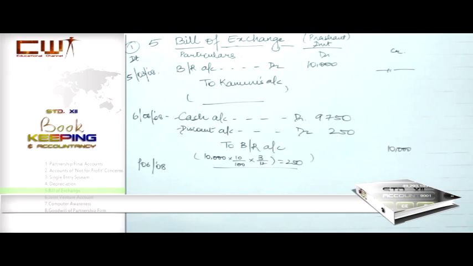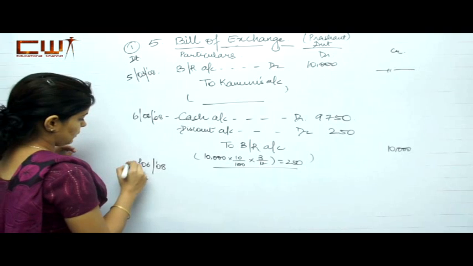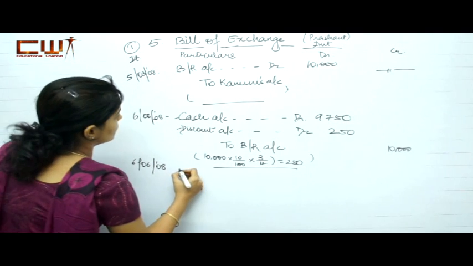Alright. Now even when the bill is discounted, what next? Kamini is paying the money on the due date. Alright. But again, this bill has also been dishonored. So again the reverse entry.